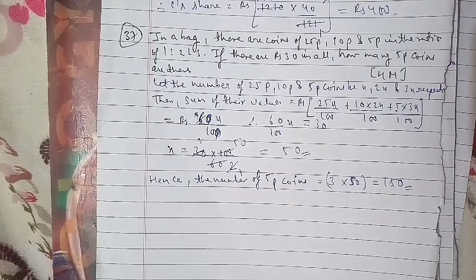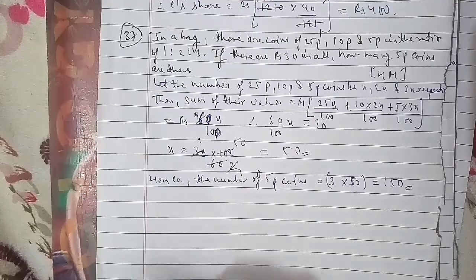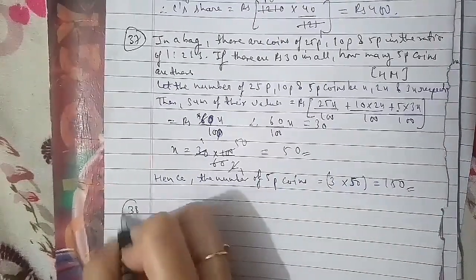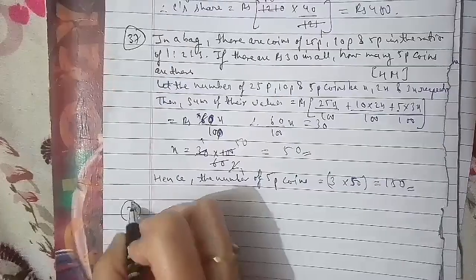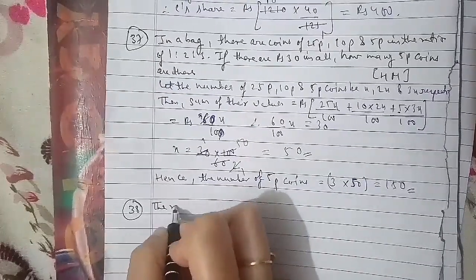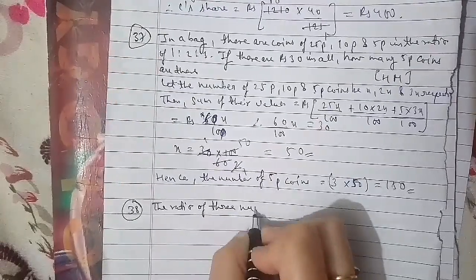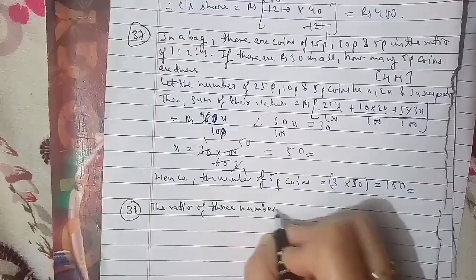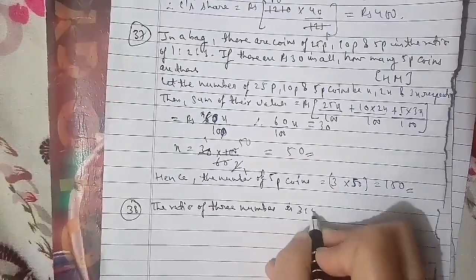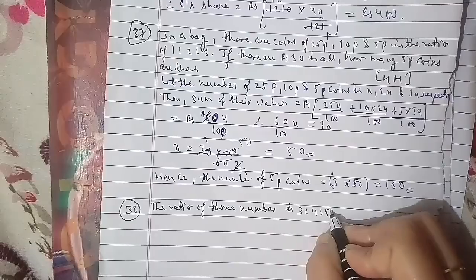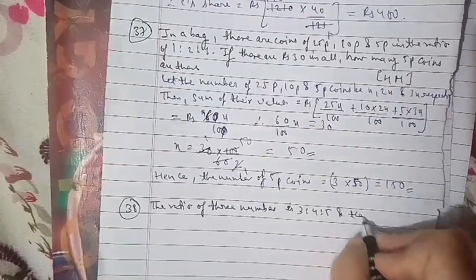The 38th question. The ratio of three numbers is 3:4:5 and the sum of their squares is 1250.